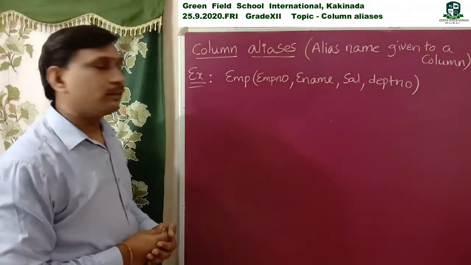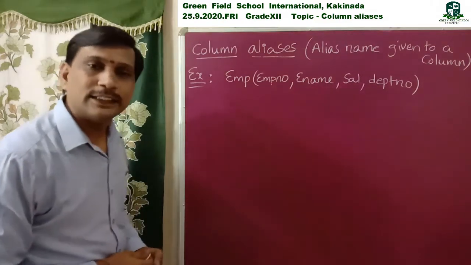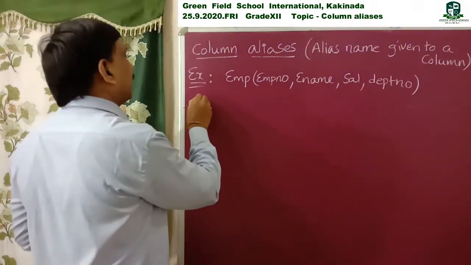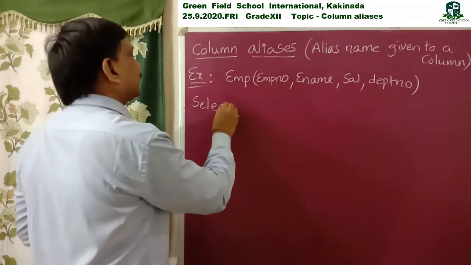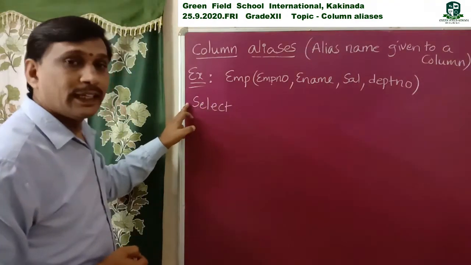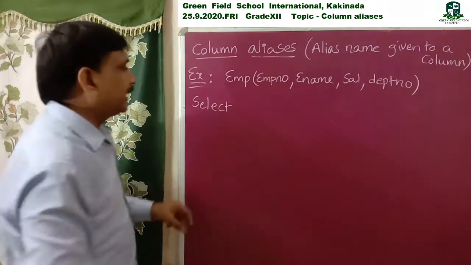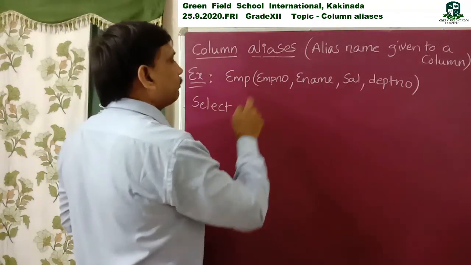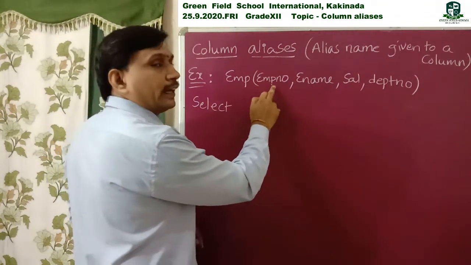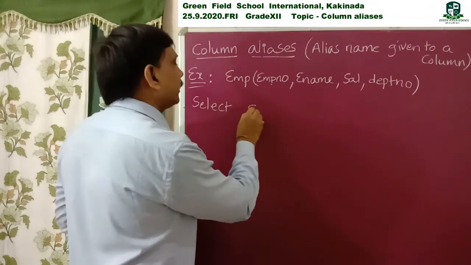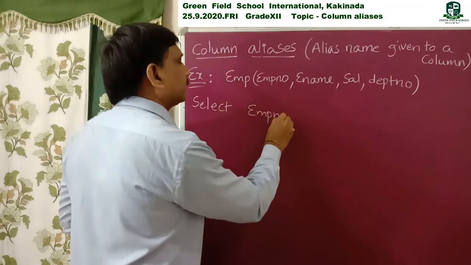How to write column aliases in our select statements? In the select statement, I write first the column name EMP number.